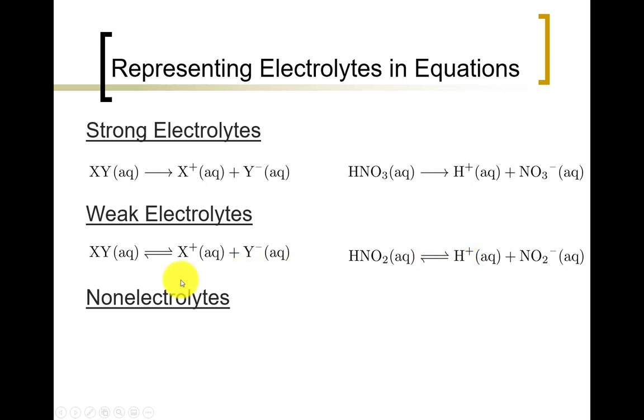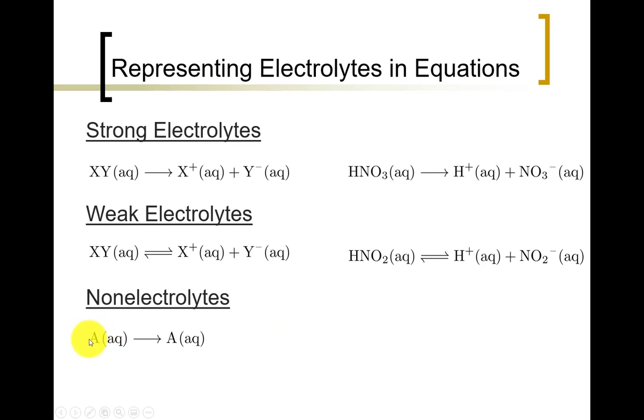Finally, non-electrolytes. There isn't necessarily a universal way of representing non-electrolytes. If we start off with an aqueous solution and the compound does not dissociate, we just write again a regular arrow towards pretty much exactly the same thing on the right side. The one thing that can vary is the state.